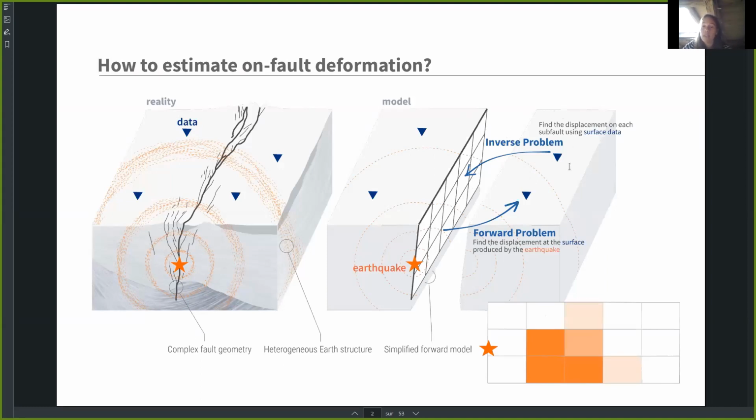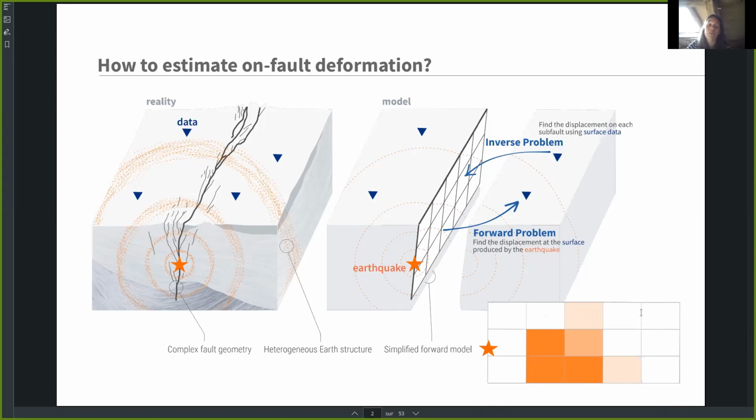To do that, the idea is to minimize the residuals between the data, so our measures, and the prediction that we make at the surface. At the end, when we have solved the inverse problem, we end up with something like that. So the rectangular shape that you can see here, this is the fault. Every small square is a subfault, and the color corresponds to the amplitude of the deformation on this fault.